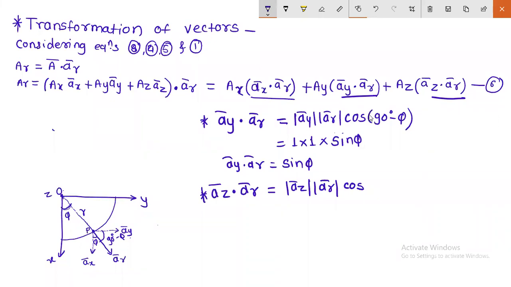Because the z-axis is the vertical axis. So concentrate here. Here I will draw one cylinder.